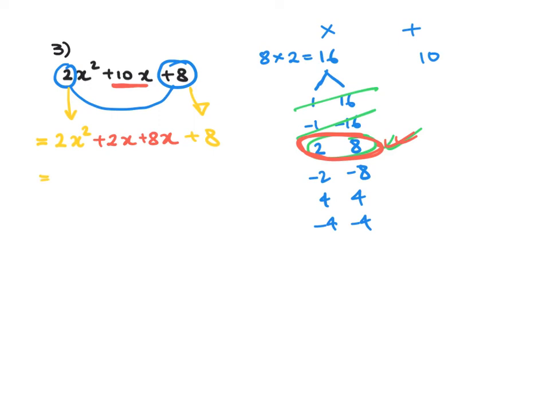Now the next step, let's go with green color. We're looking at the first two terms first, and we're looking for the common factors. The common factors are the numbers or letters that are common to the first term as well as the second term. We can see that 2 is common, and x is common.